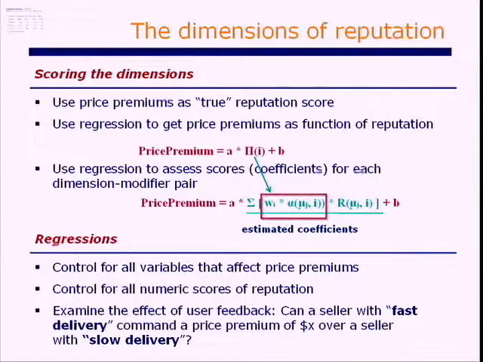And the sign of that coefficient is an estimate of whether the polarity of this modifier for this particular dimension is positive or negative. So we're not going to some word bank or deciding that some words are positive and some words are negative. It's the economic value of having these in your feedback that is actually driving how we score the modification of a particular dimension.